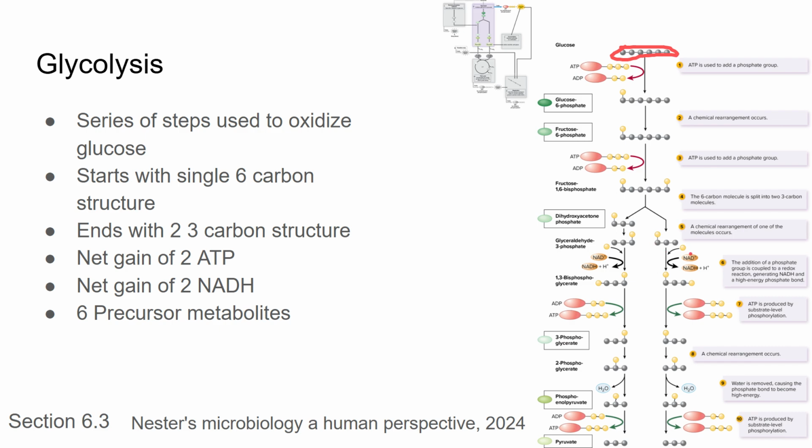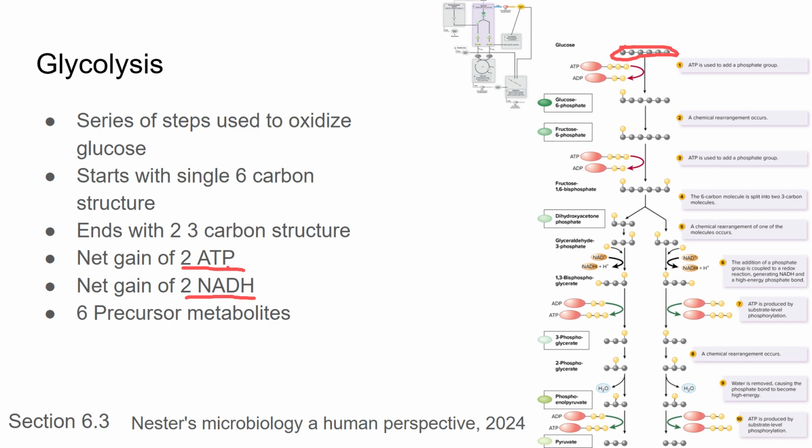And again, we're going to keep processing these, and you'll see we generate NADH, and then we'll also generate ATP here, and then ATP here. So in the end, we're going to invest 2 ATP, but we'll get 4 out. So that's a net gain of 2 ATP. And we're also going to generate 2 NADHs.